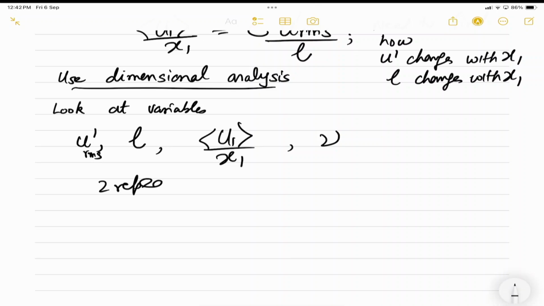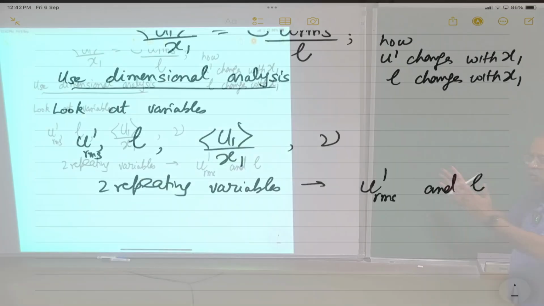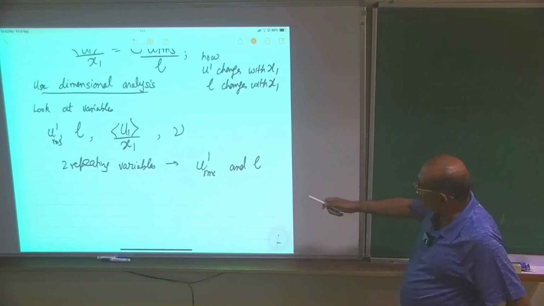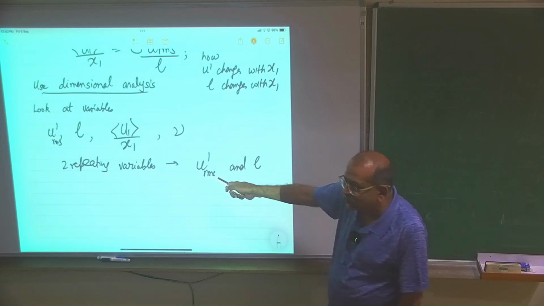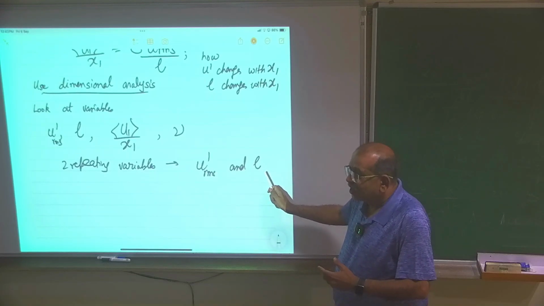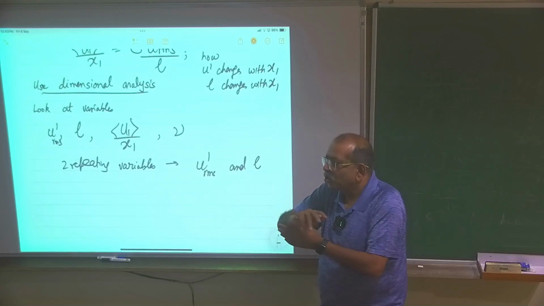And this is where I played the trick to make it easier. I choose these variables as u prime and L. I was struggling with how Lumley came to his answers and conclusions, but I found it was very simple. Normally we don't choose them as repeating variables. But because there are four, I know I will get only two numbers.